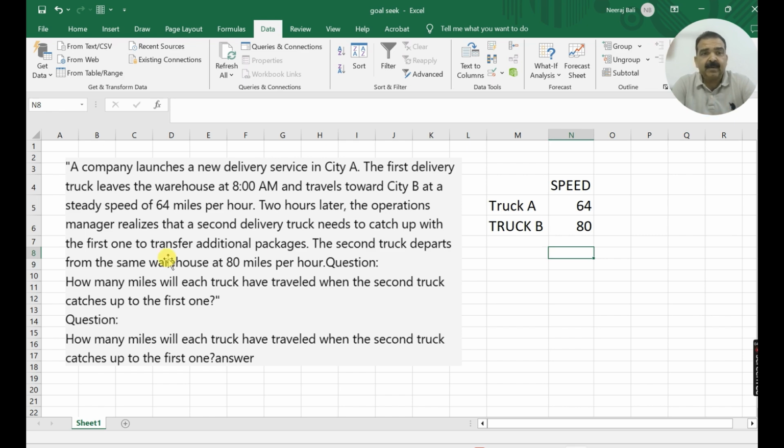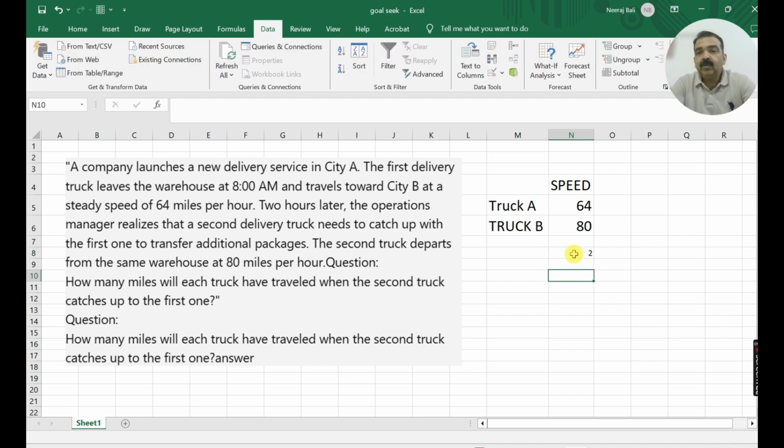The second truck departs from the same warehouse at 80 miles per hour, but 2 hours later. So truck B started 2 hours later. What does it mean? This is 2 hours.